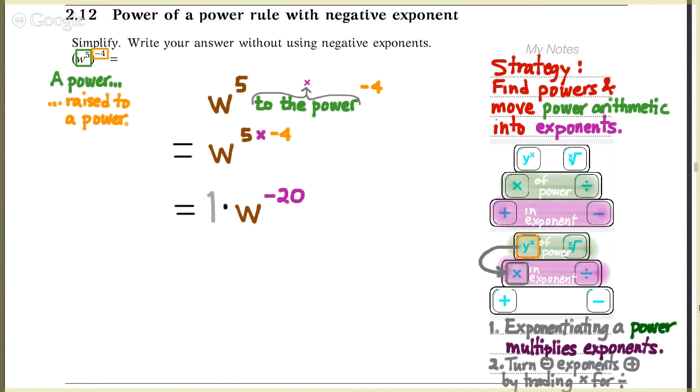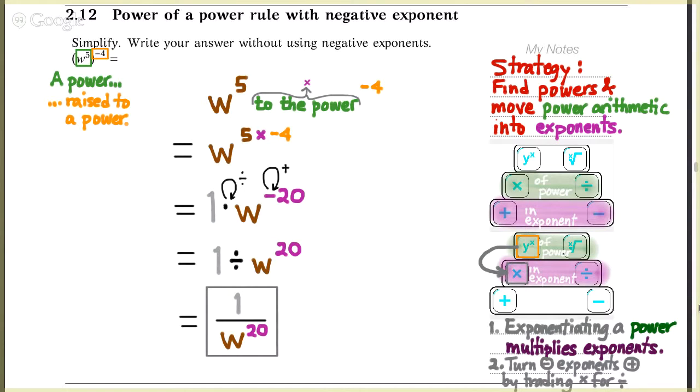So now we are able to say that instead of multiplying by that power having a negative exponent, we can turn the exponent positive by dividing by it instead. So what we really have is 1 divided by w to the +20 power, which again, getting rid of that archaic division symbol and making it a fraction, is 1 over w to the 20th.